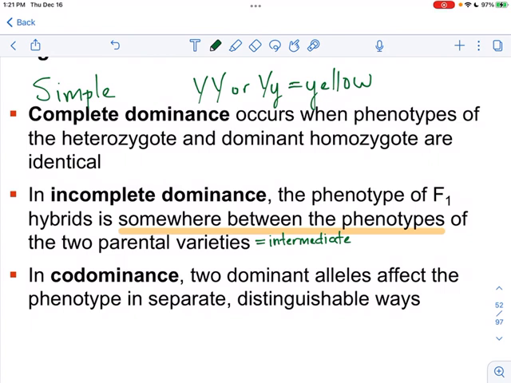And then you end up with these chickens that sort of look checkered, where half of their feathers are black and half of their feathers are white. So in the hybrid, or in that heterozygote, both of the alleles get expressed equally. It's not an intermediate phenotype. It's literally both of the original phenotypes being expressed equally. So those chickens have both black and white feathers. They're not gray, right? There's a difference there.